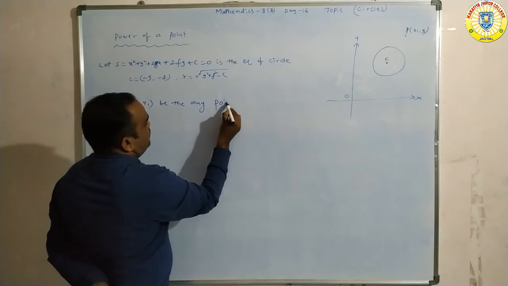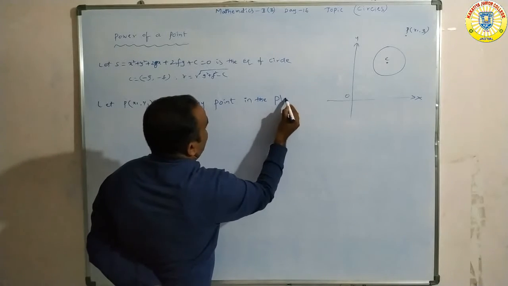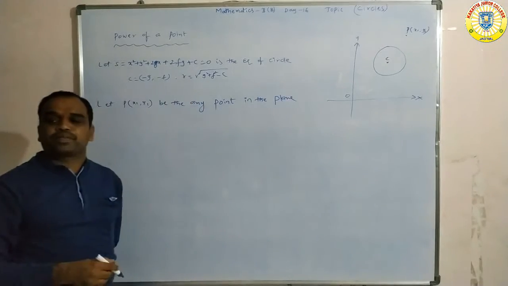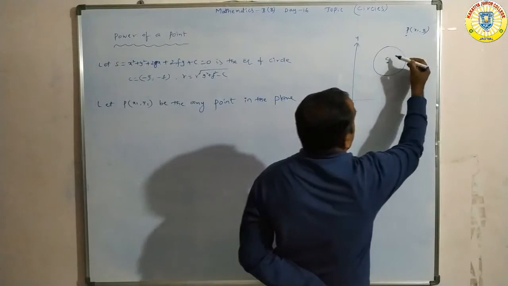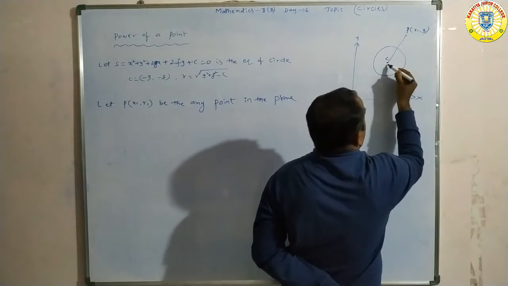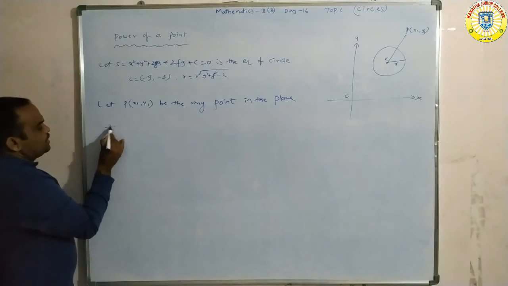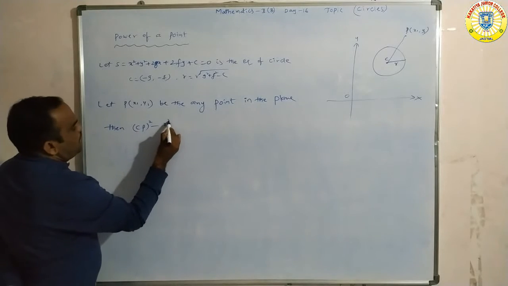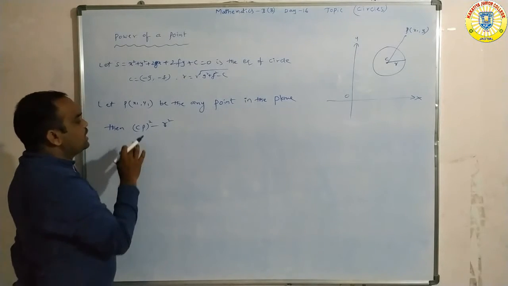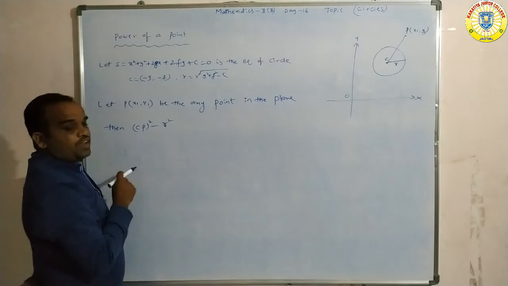Then the value of CP square minus r square, where r is the radius and C is the center, so CP is the distance from the center to the point P of x1 comma y1.